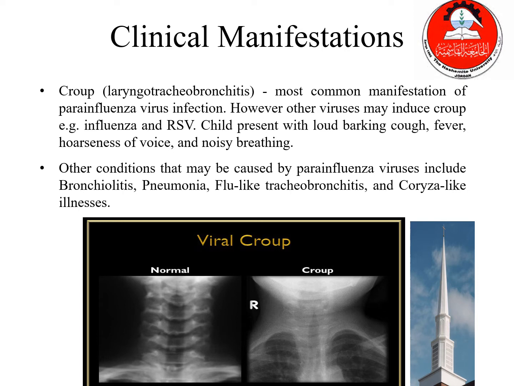All these are associated with the infection, inflammation and edema in the larynx, trachea, and bronchi. It's going to affect the breathing airways, and also the larynx, which is going to lead to hoarseness of voice.